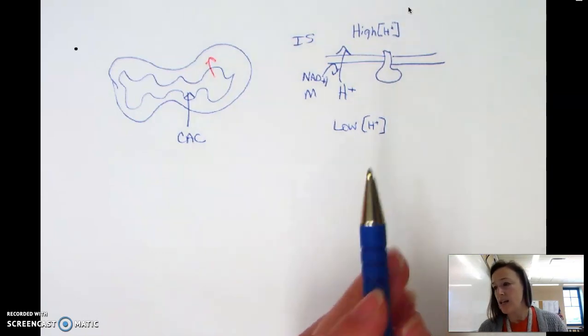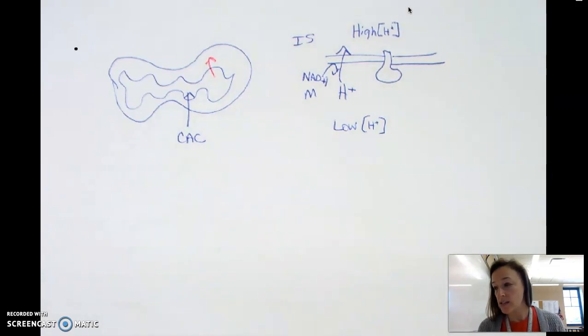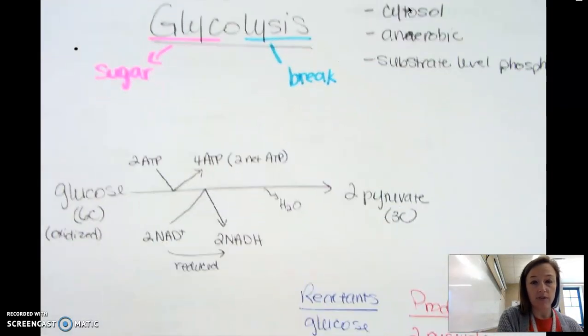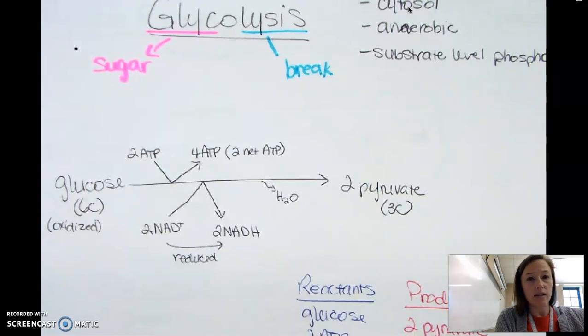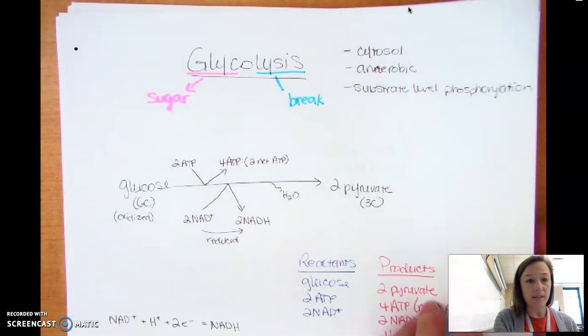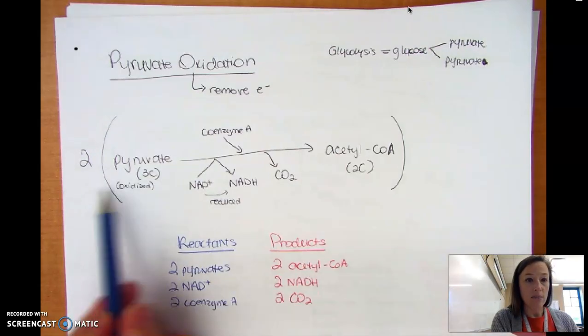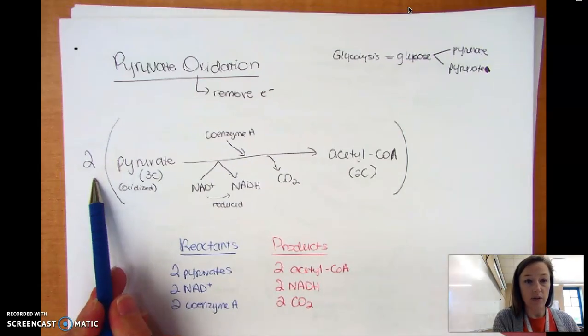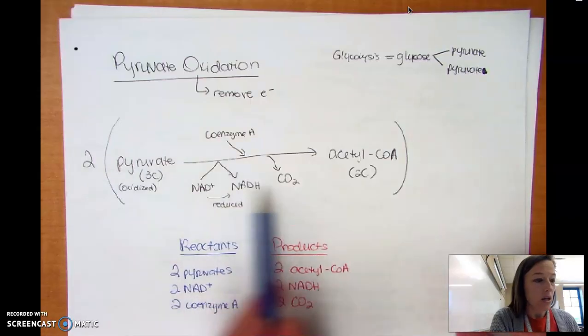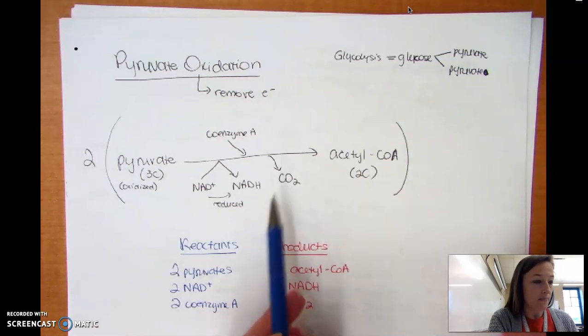The next one says, I can identify where each of the 6 carbons are broken off of glucose. So let's look through the different steps. This is glycolysis. We didn't lose any carbons there, so none were broken off. We lost 1 here, but that's actually 2. Remember, glucose is a 6-carbon molecule. So we lost 2 carbons here.